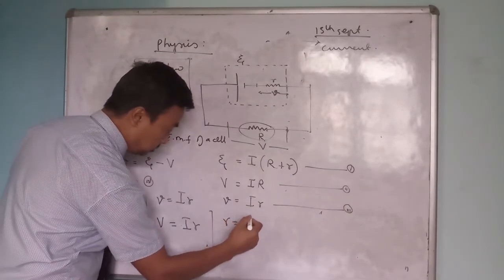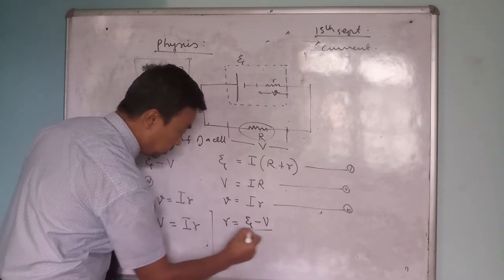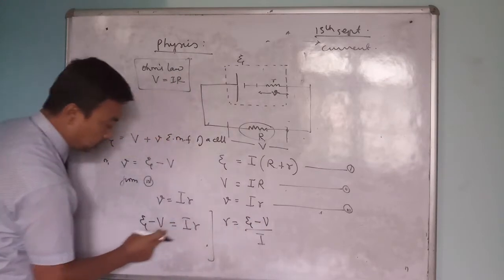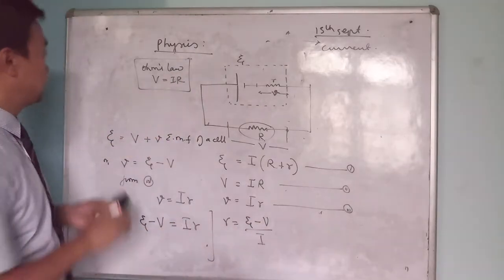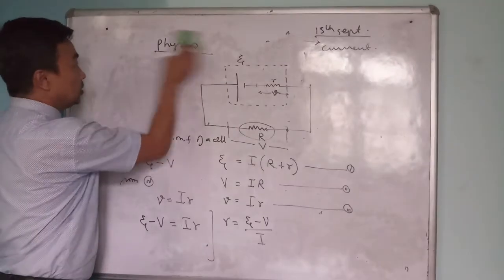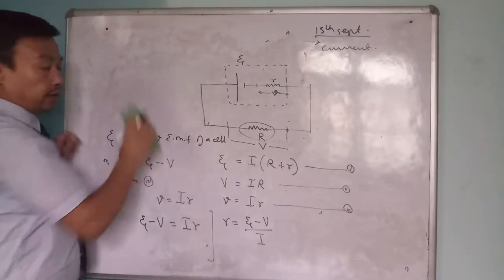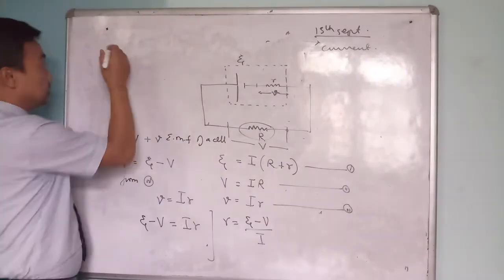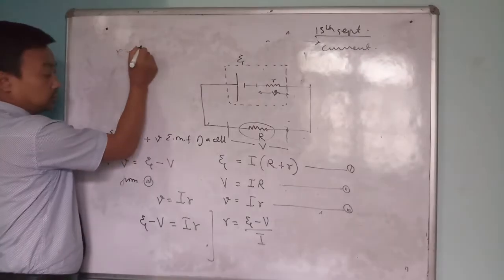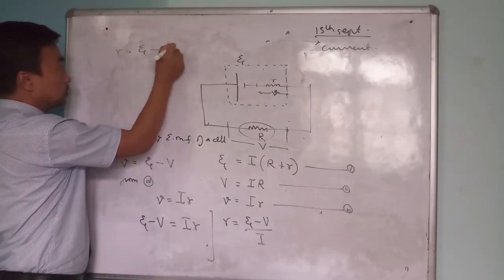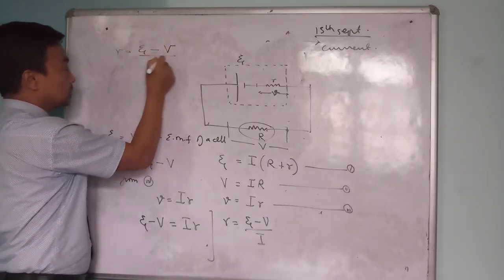R will be equal to EMF minus V upon I. This I will go down and it will be cross multiplied. So finally we have come to this relation, internal resistance equals EMF minus terminal voltage upon I.